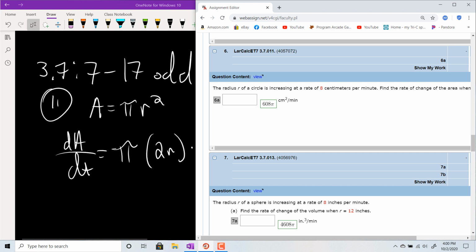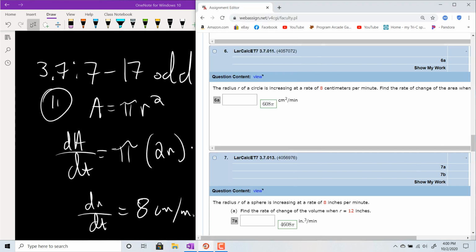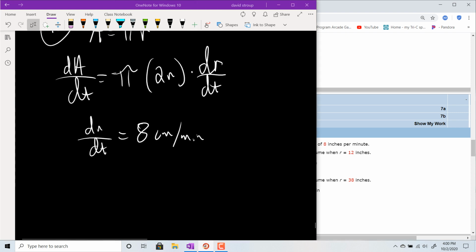They're telling you the rate of change of the radius is 8 centimeters per minute. In other words, dr with respect to dt is 8 centimeters per minute. And then they want you to find the rate of change of the area when r is 38 centimeters. Okay, so they also tell you that r is 38 centimeters.